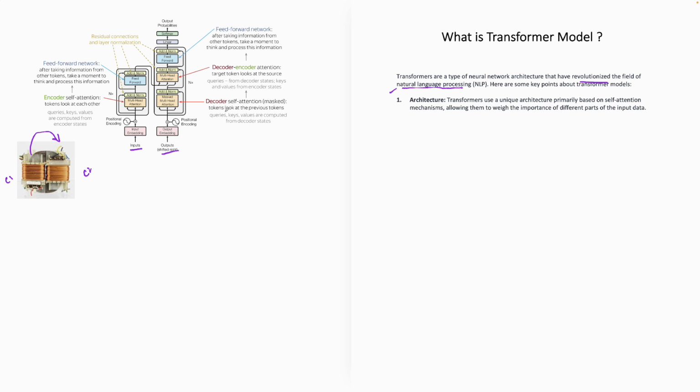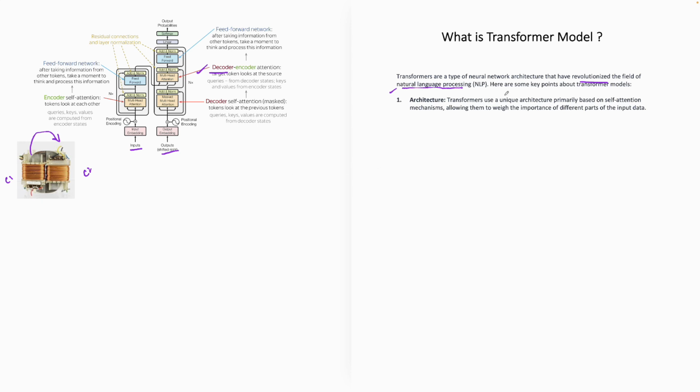Or we can say that it is kind of the embedding of the input. Now, what is a decoder? The decoder uses these embeddings to generate the output. Don't worry if you don't understand it, we'll understand with an example as well.